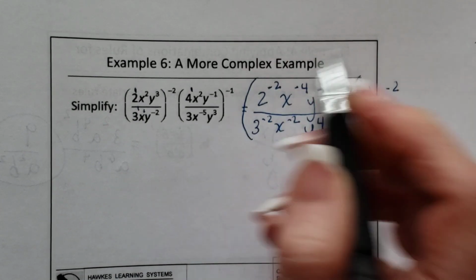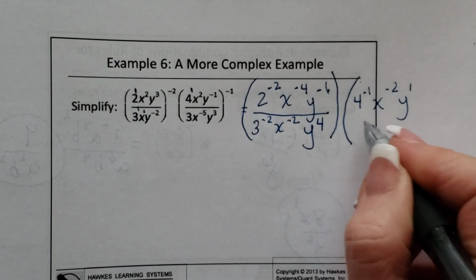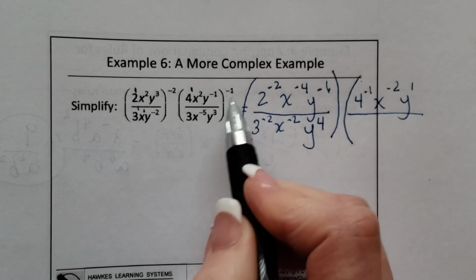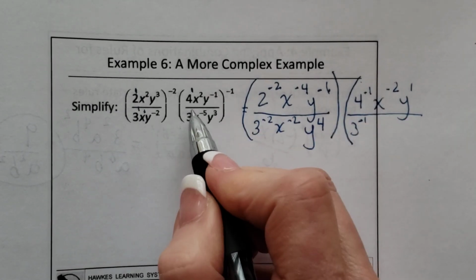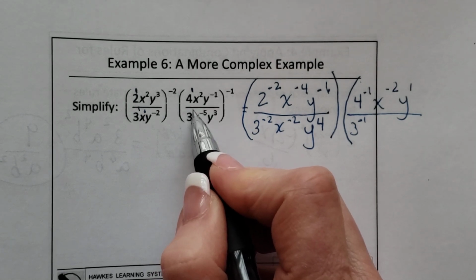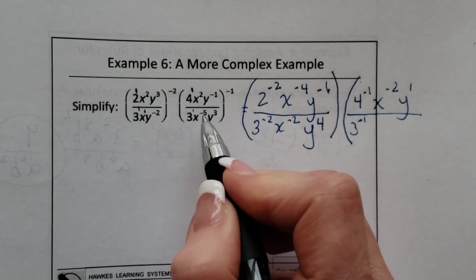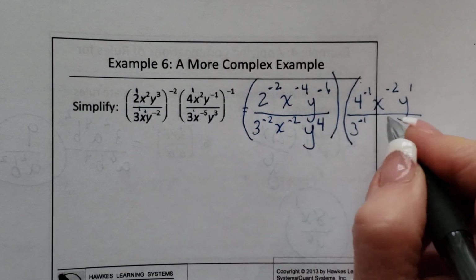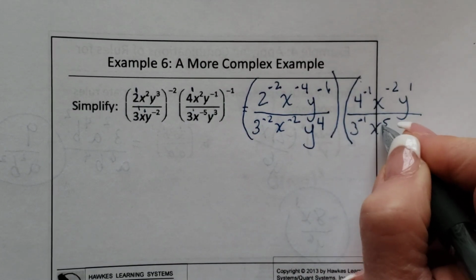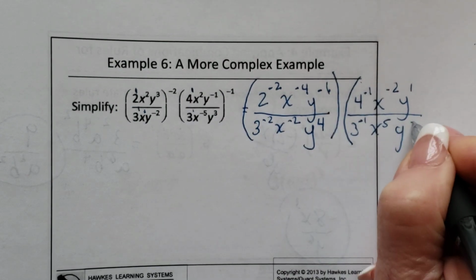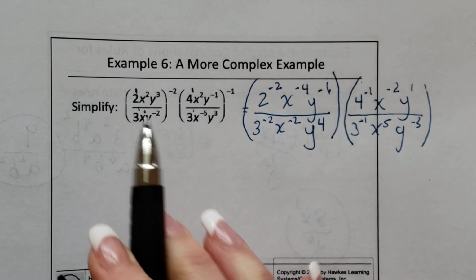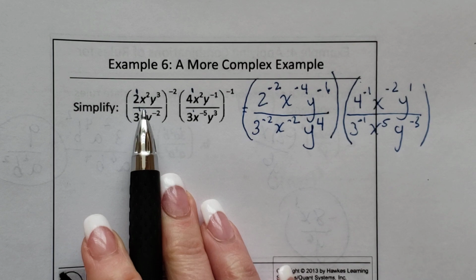Negative 1 times negative 1 is positive 1 over 3 times negative 1 is negative 1. I'm sorry, I'm not multiplying 3 times negative 1. I'm multiplying 1 times negative 1. Negative 5 times negative 1 is positive 5. And 3 times negative 1 is negative 3. All right, I'm just going to look over this and make sure I did it right.